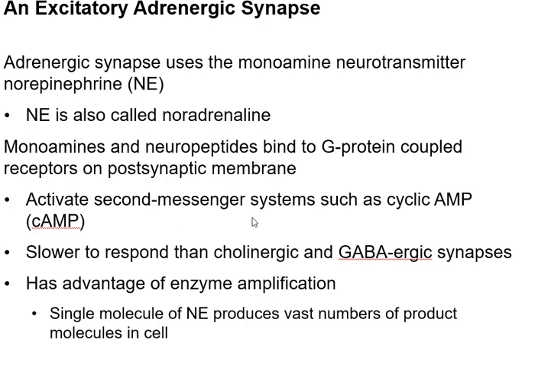You're going to activate a second messenger system. So the first messenger is going to be the noradrenaline, and it's going to be binding to this G protein. And then that causes a conformational change in the G protein. It activates enzymes. It activates the second messenger system.